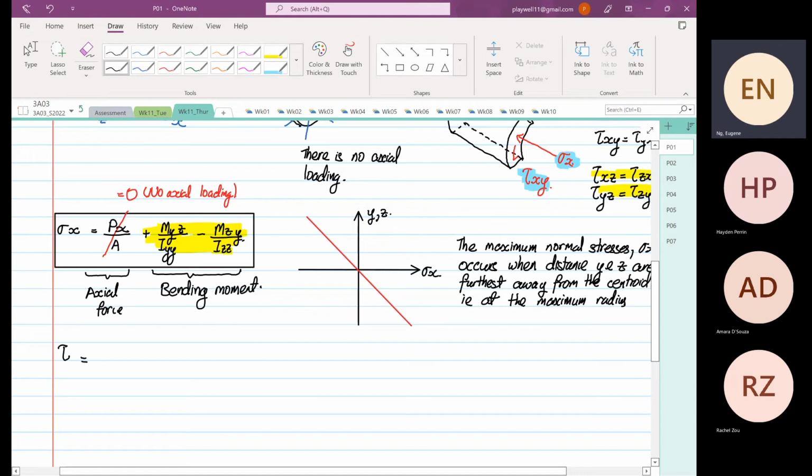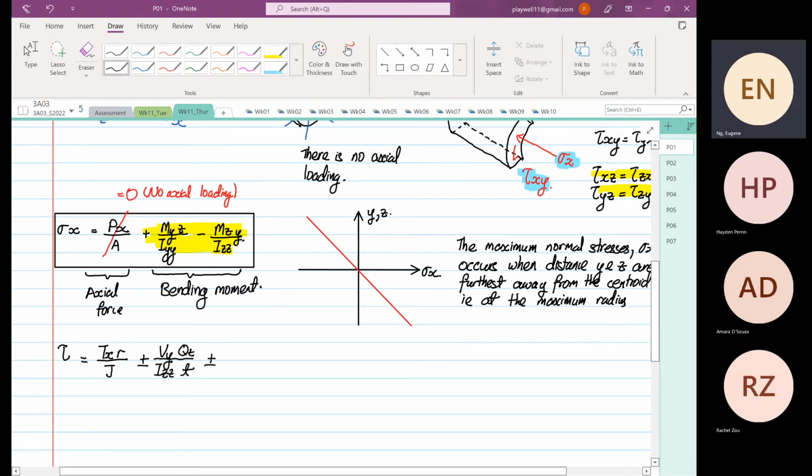Now, in terms of shear, there are two shear components: the first one is Tx multiplied by the radius divided by J, and then plus or minus the shear force Vy over Izz, Qz over t.